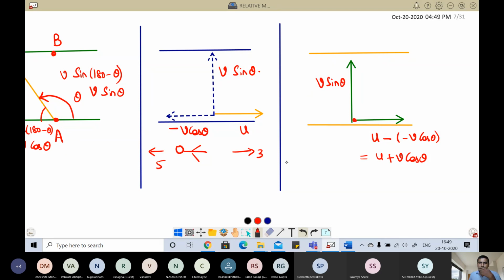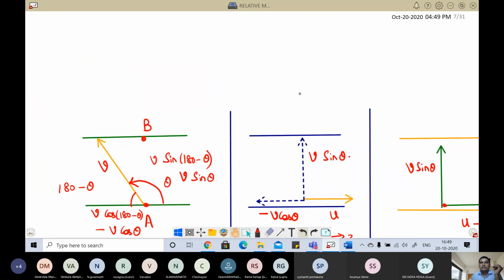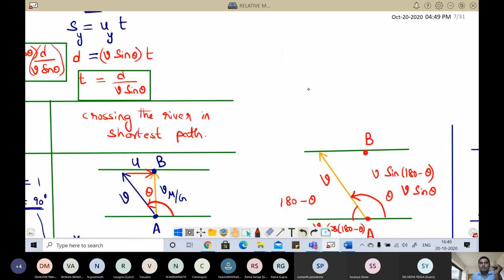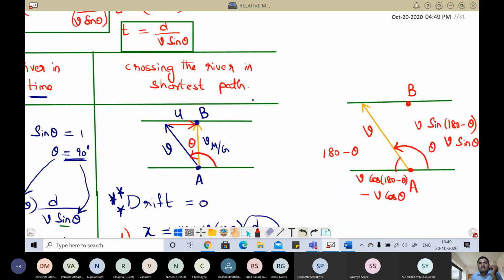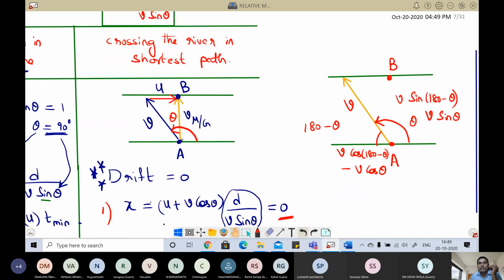Now see here. This entire case is crossing the river in the shortest path. Crossing the river in the shortest path means, when you see the diagram, finally you are reaching point B from A to B. That means the velocity of man with respect to ground is in which direction?